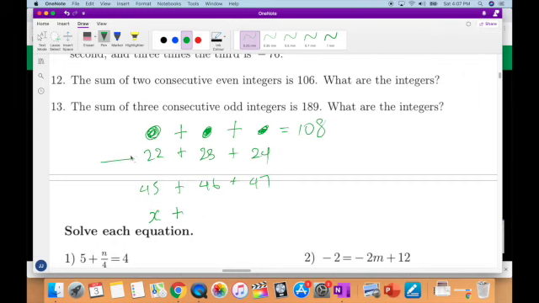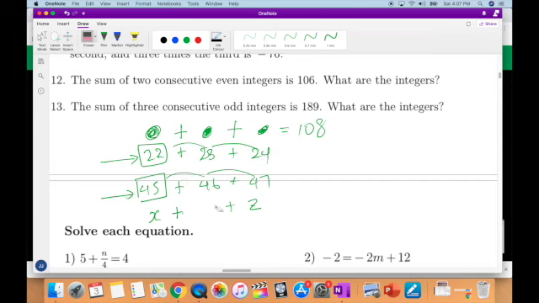Look at your hint right here. If the first one is 22, the second one is 23 and then 24. If the first one is 45, the second one is 46 and then 47. You can't use x, y, and z because they have no way to solve this.